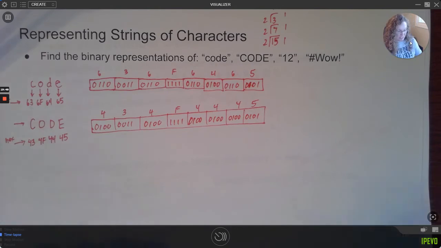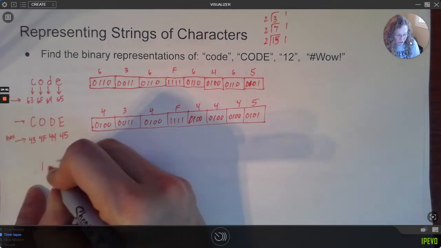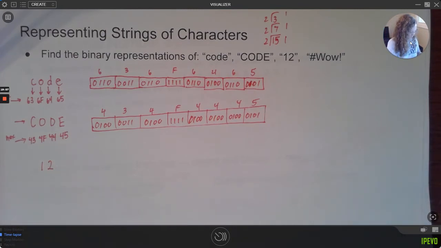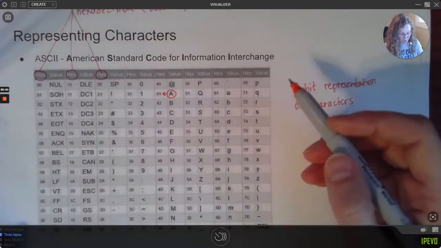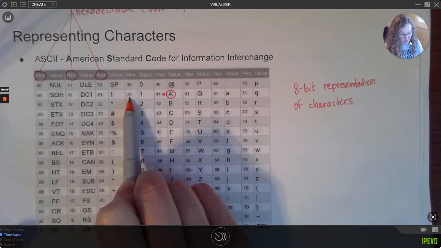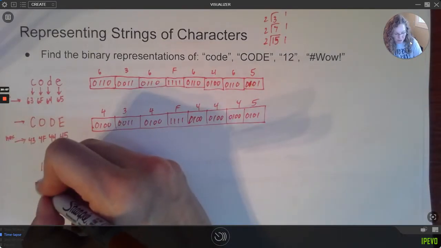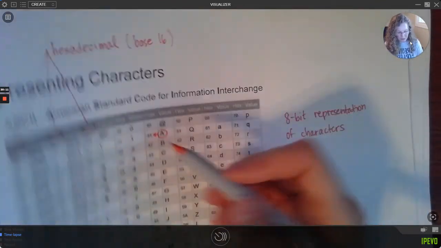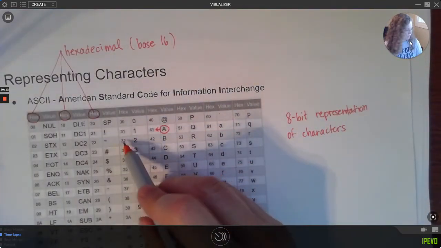Now here is an interesting one. Let's say we want to do this string containing the character 1 followed by the character 2. Okay, so if we go to our ASCII table, here we find the character 1 has a 3, 1 as its hex representation, and then 2 has 3, 2.